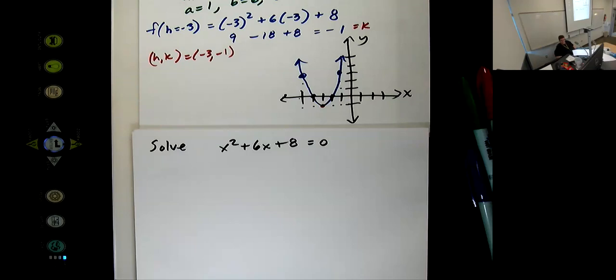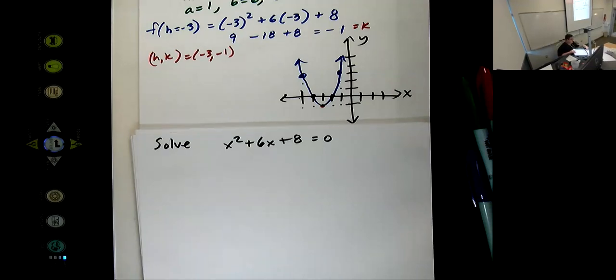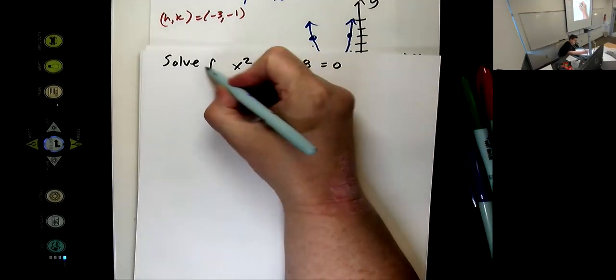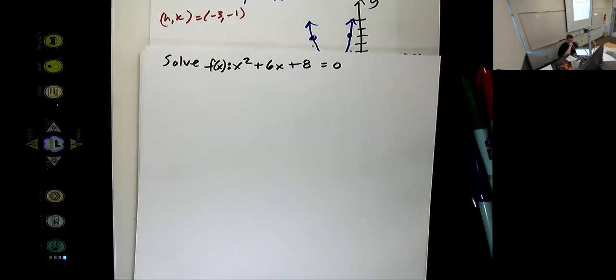You guys had a problem just like this on your midterm. Keep in mind, that's my f of x. We just had that. Same problem we're working on.